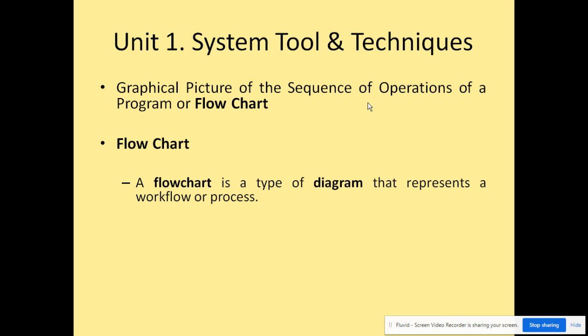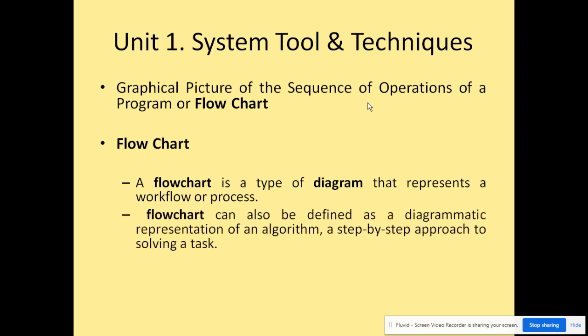The flowchart is a type of diagram. See, there are several types of diagrams available. Earlier we discussed in the syllabus, like for example, flow diagram, system flow diagram, then UML diagram, class diagram. So among these kinds of diagrams, one of the well-known diagrams is the flowchart. It just represents the workflow, or you can say the process.